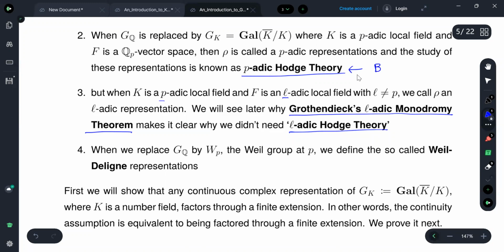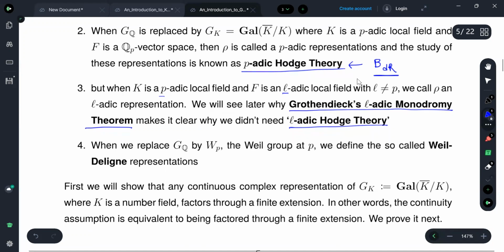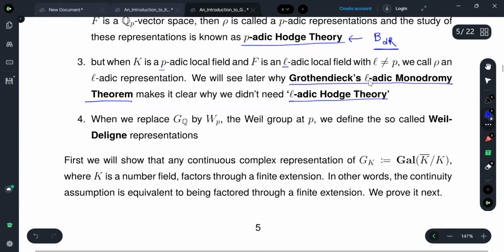It all started with a construction of Fontaine, known as the de Rham ring of p-adic periods, denoted BDR, which I will come to in later slides. But there is a monodromy theorem which says that we don't need to define such rings. The case is much simpler, and that's why we didn't need a specific theory for that.